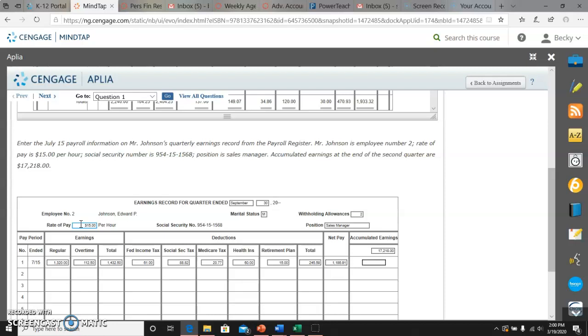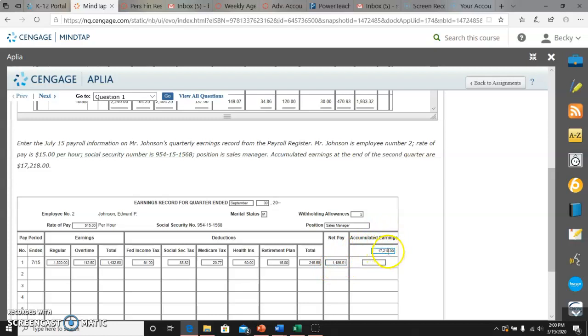So that's doing the information that we know. The final thing we have to do is figure out his accumulated earnings as of July 15th. So I take his previous accumulated earnings plus his total earnings. Don't take the net pay. It's earnings, earnings, earnings.